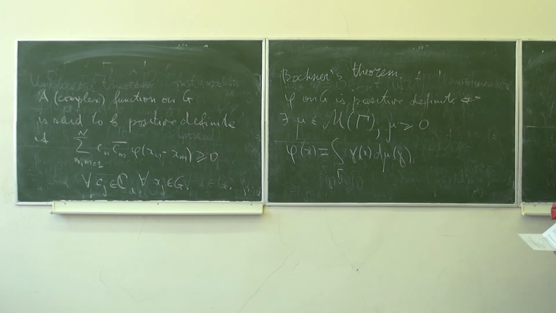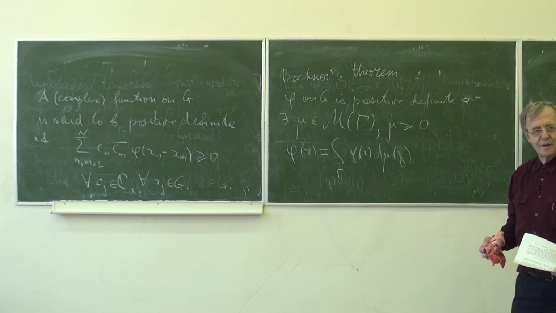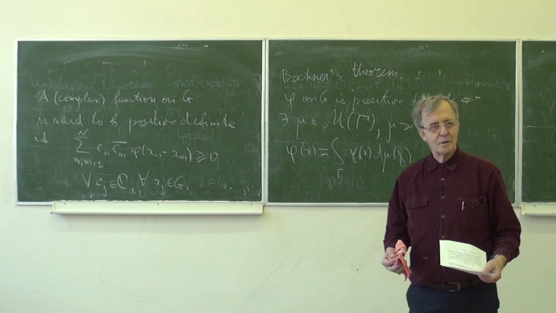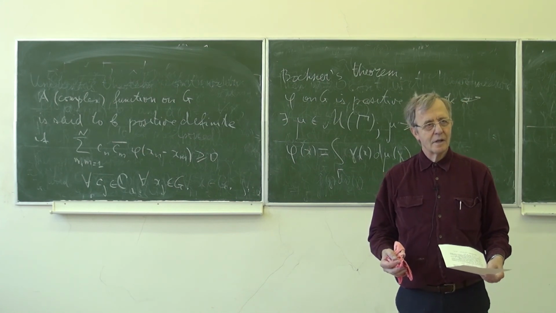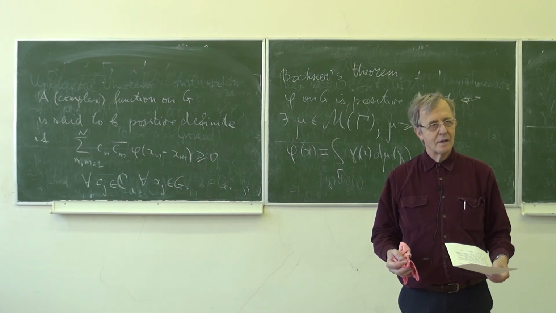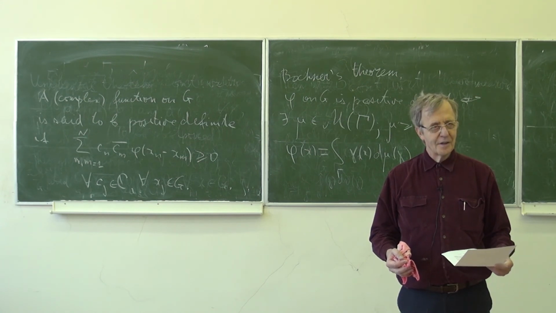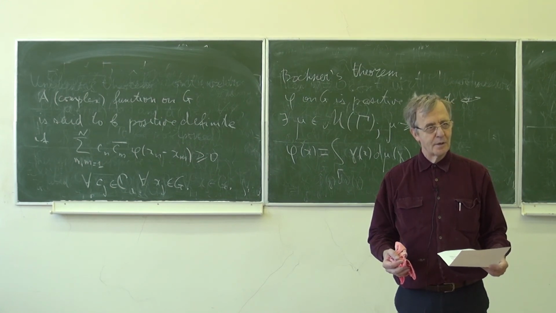Do we need some continuity? It is continuous automatically. Yes. Phi is continuous. In some cases, we state continuity. It is continuous automatically. Well, we'll see why. I'll explain some.